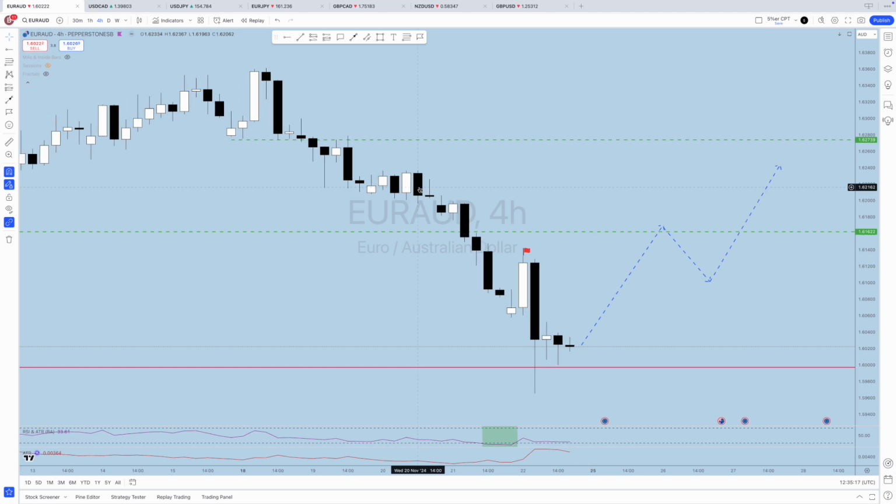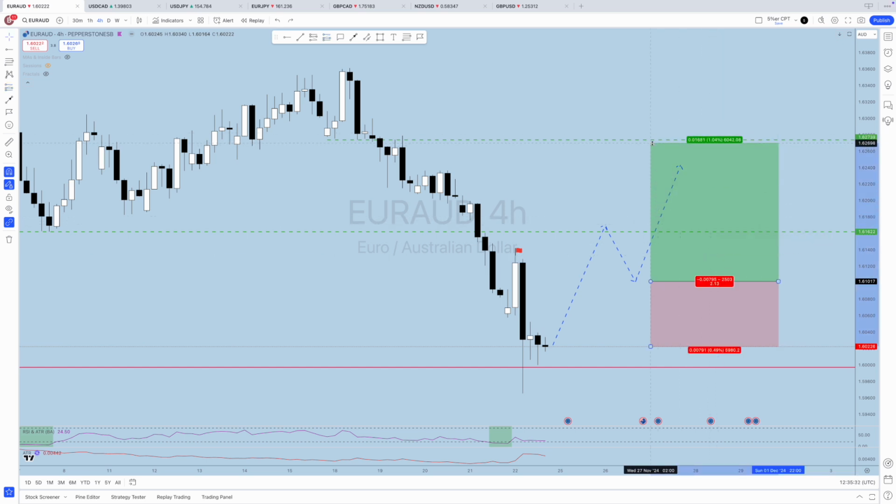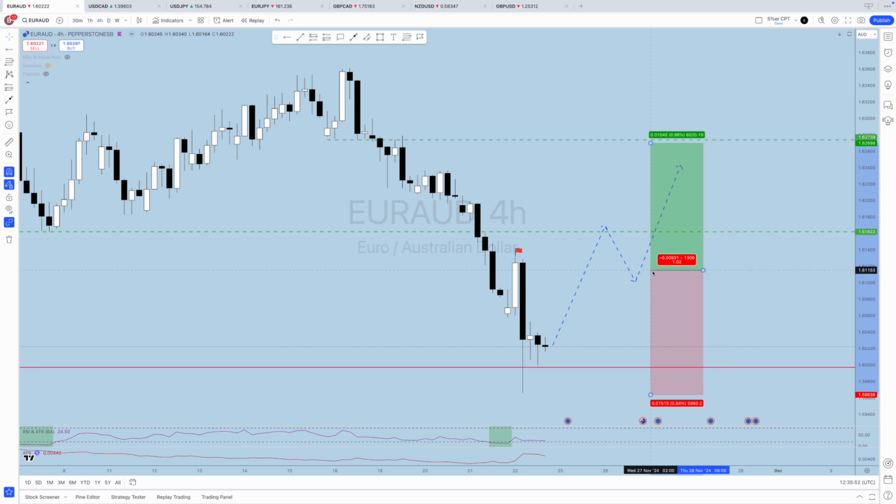Go down to the 4 hour chart, and as usual, that will be my take profit, and this will be my stop loss just under the low of the fake out. 1-to-1 minimum, so I'll draw my minimum 1-to-1, and this is it.